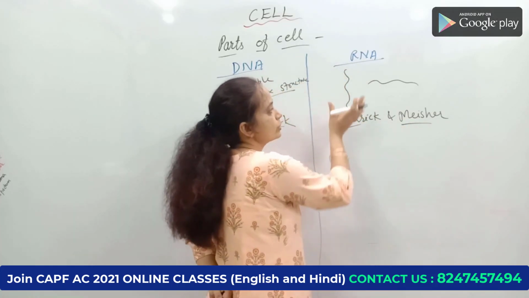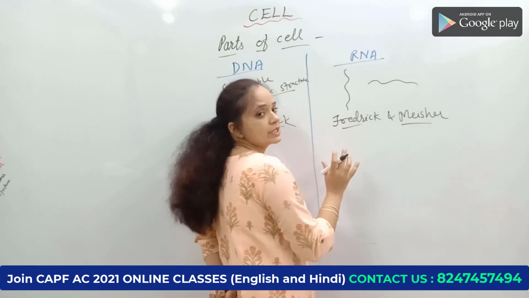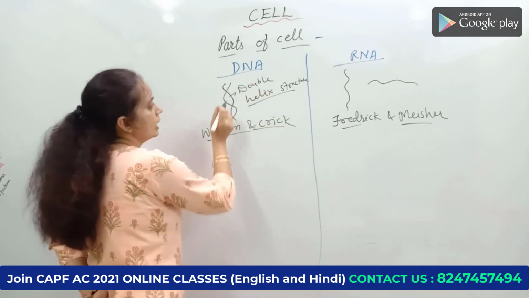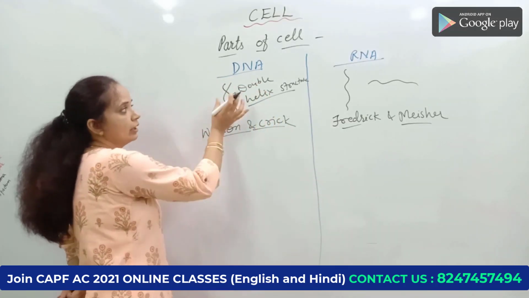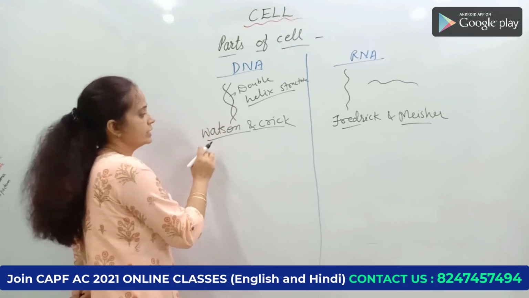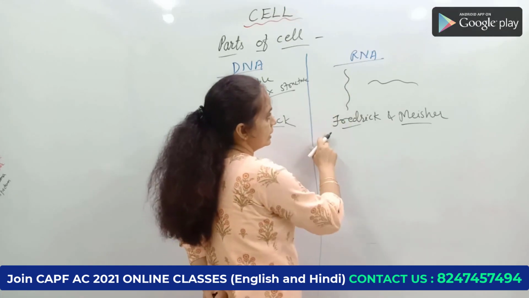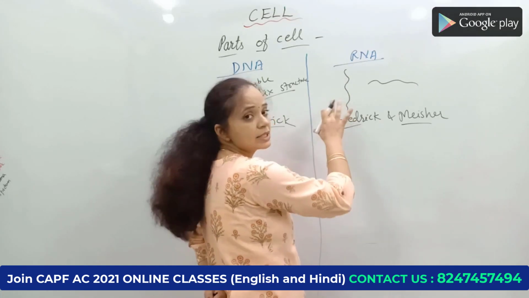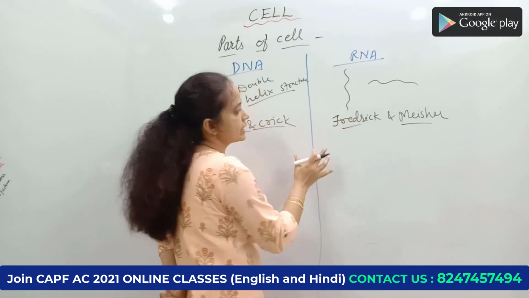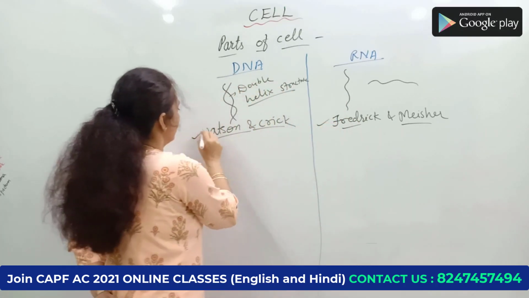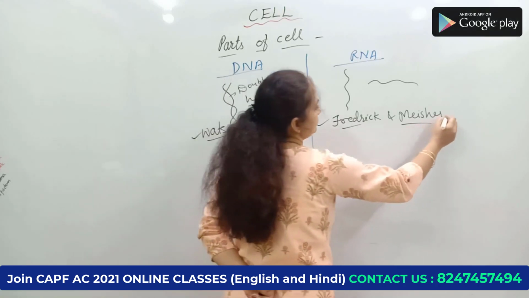So we have to remember the double helix structure of DNA, a model given by Watson and Crick, and the single helix structure of RNA, a model given by Frederick and Michel. The scientists' names are important to remember.